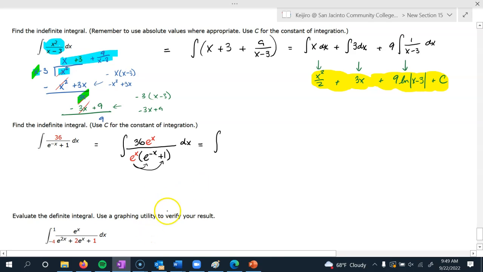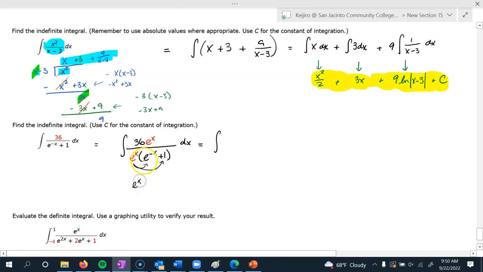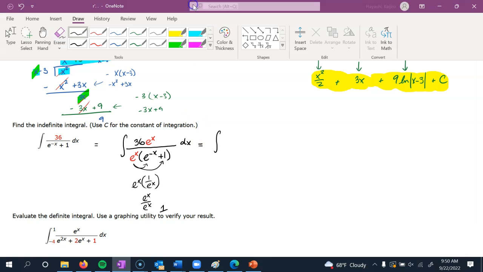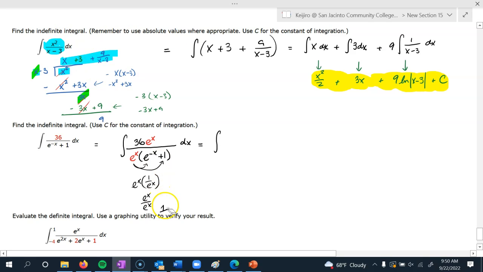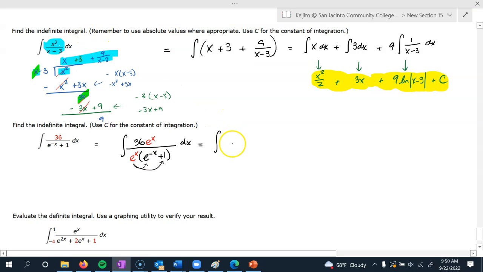You can also say that e to the x is e to the x, and e to the negative x is 1 over e to the x, so you multiply these two together, and so it's 1 that way. It doesn't really matter how you get there. All that matters is that e to the x times e to the negative x is 1.